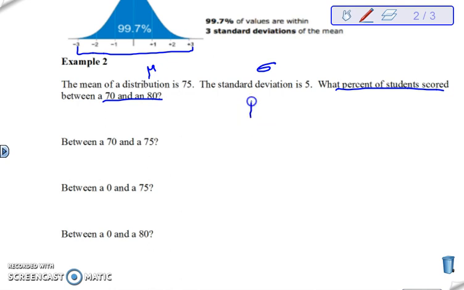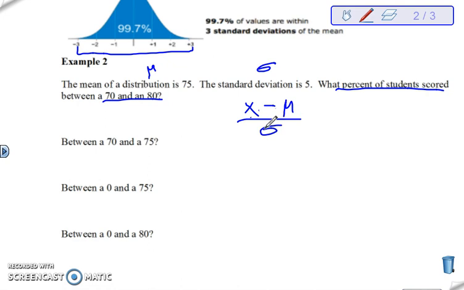We said to figure out the number of standard deviations, we would just add or subtract that to the mean. So if I'm working it backwards, I subtract the mean and the standard deviation to figure out how far apart they are. And then I divide by what the actual standard deviation was to figure out how many standard deviations it is.